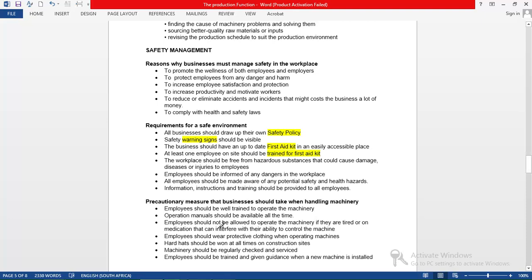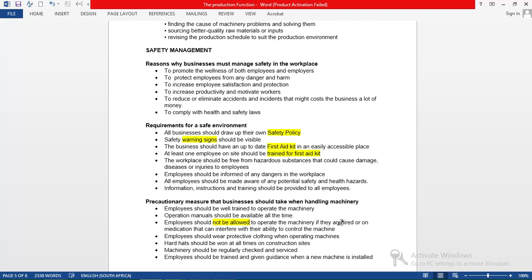And also, remember, employees should not be allowed to operate a machine if they are so tired, or if they are taking any medication that can interfere with their ability to use that machine. There are some people who, after taking medication, feel dizzy, or sleepy, or tired, and they cannot do anything.